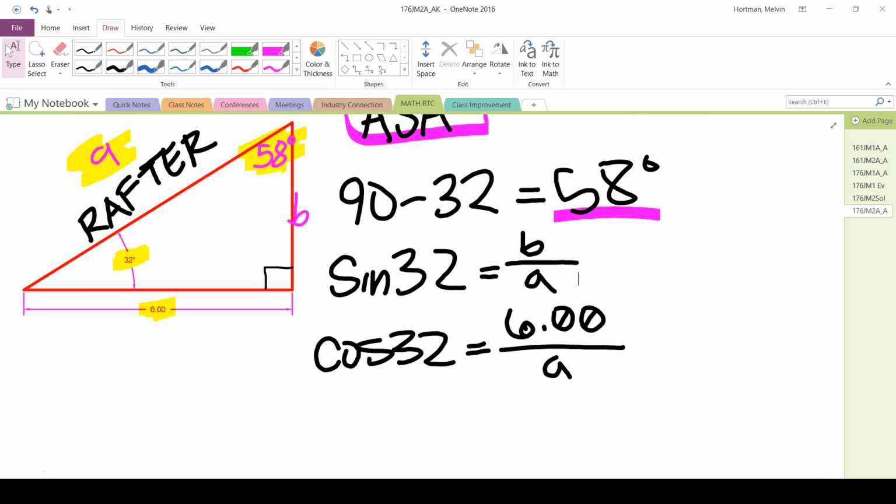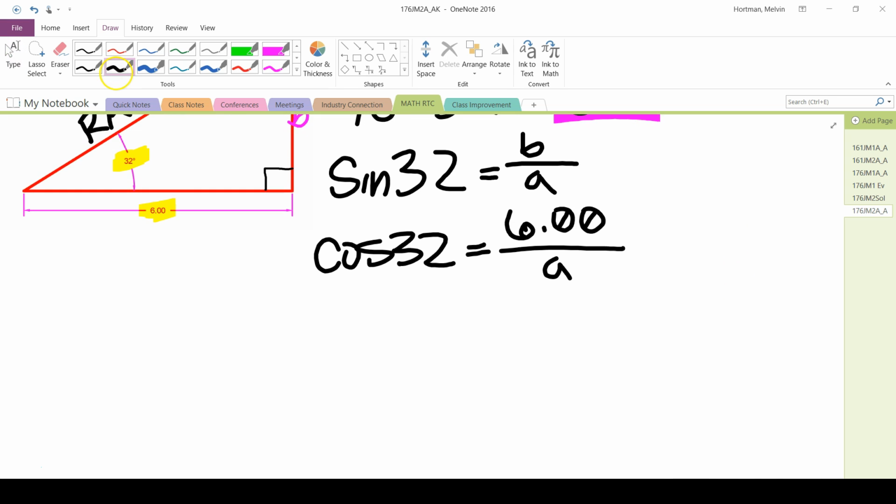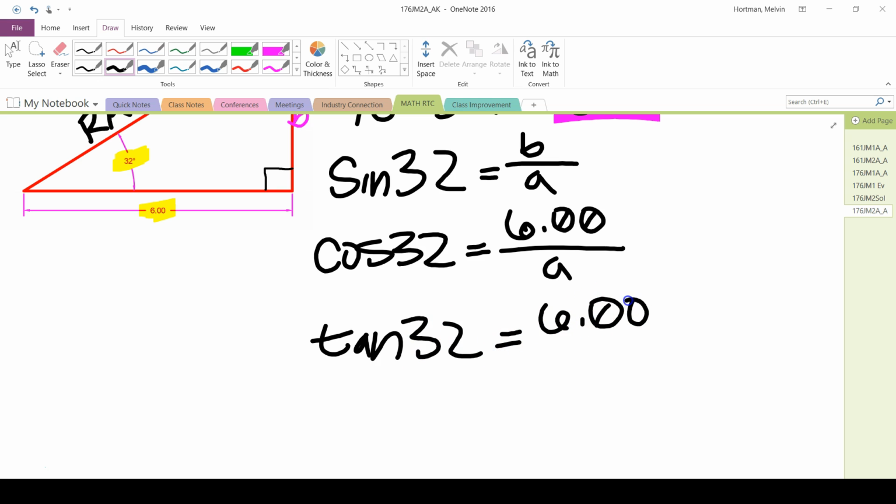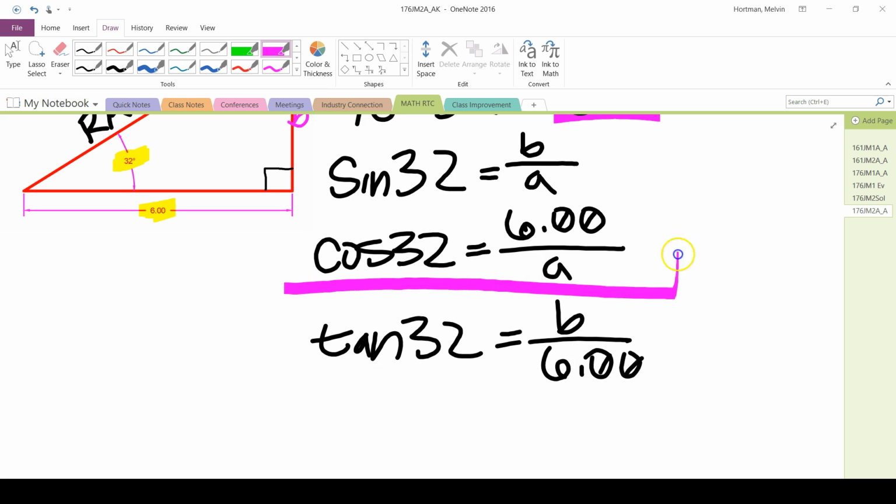And you can guess that tangent is not going to even have the rafter length in it. Actually, I'll write that just so that's clear. Tangent is opposite over adjacent. This doesn't even have the rafter length in it, so our lucky trig function is cosine.